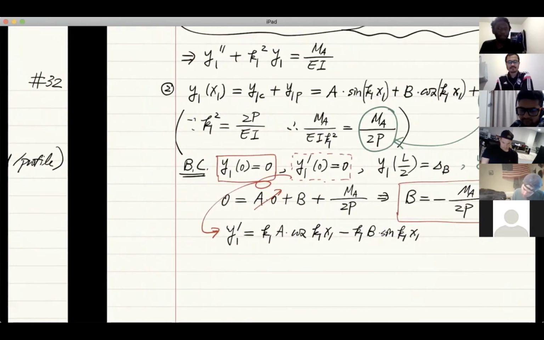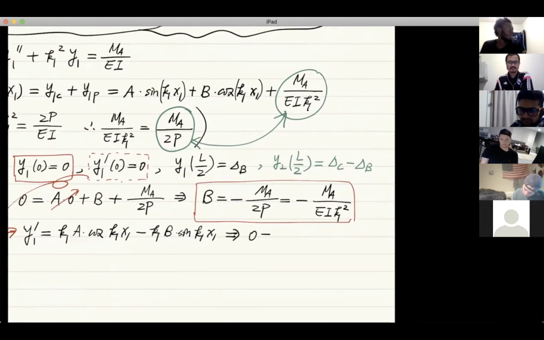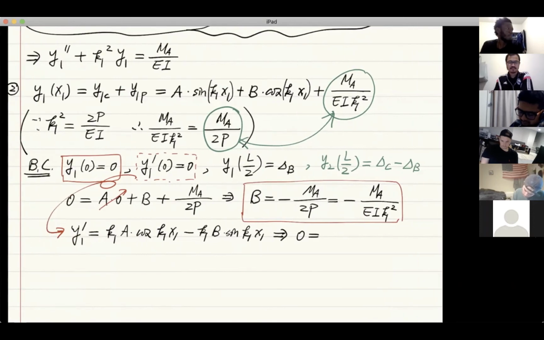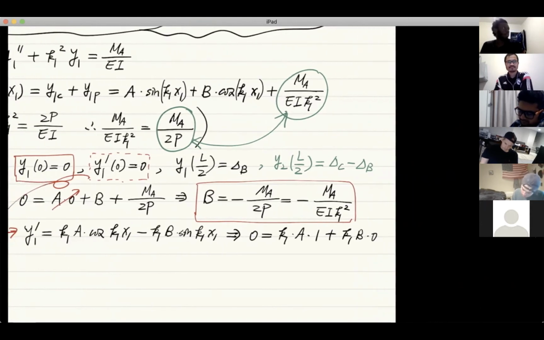So we plug in 0, and we get 0 equals K1 times A times 1 plus K1 times B times 0. This whole thing has to be 0, so A must be 0. So we found A is 0.